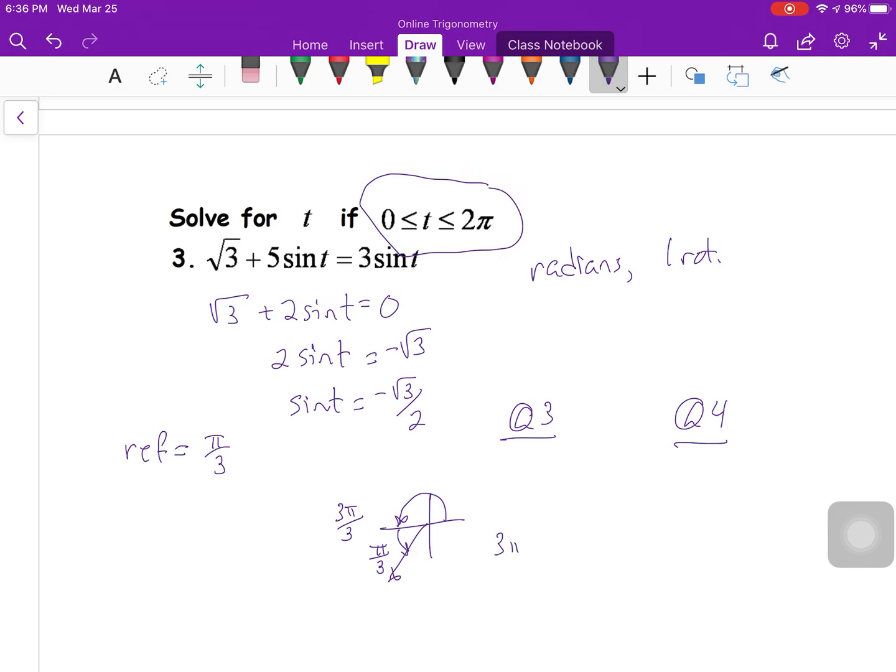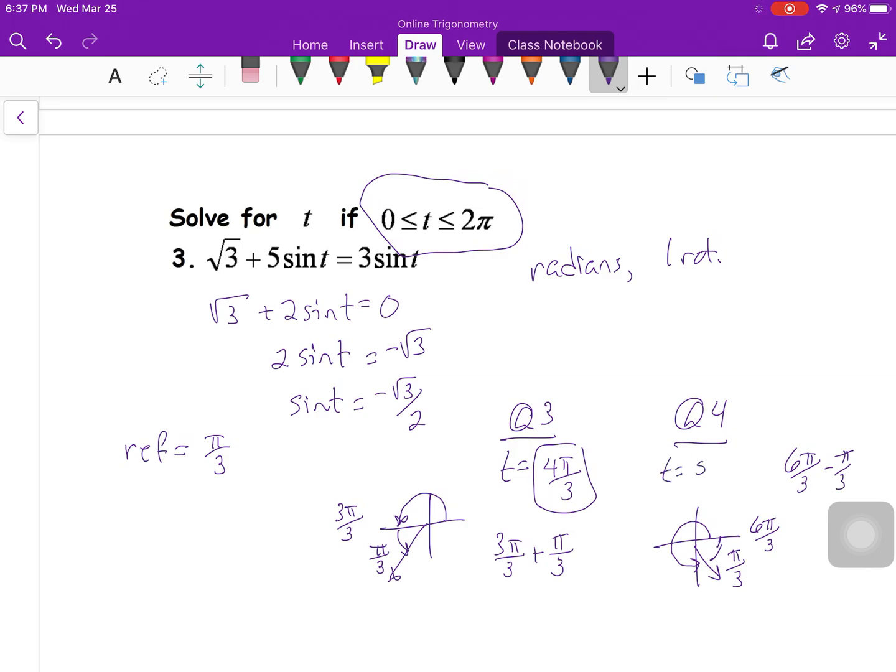So I would have 3 pi over 3 plus 1 pi over 3, and I get 4 pi over 3. In quadrant 4, I'm a little short of a full rotation. In fact, I'm pi over 3 short. All the way around would be 6 pi over 3 because it's 2 full pi's. So I have to take 6 pi over 3 and subtract pi over 3, and I get 5 pi over 3.